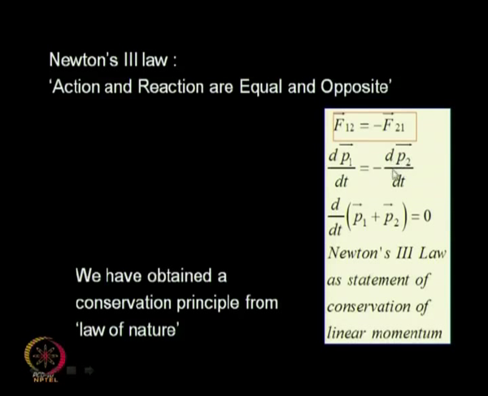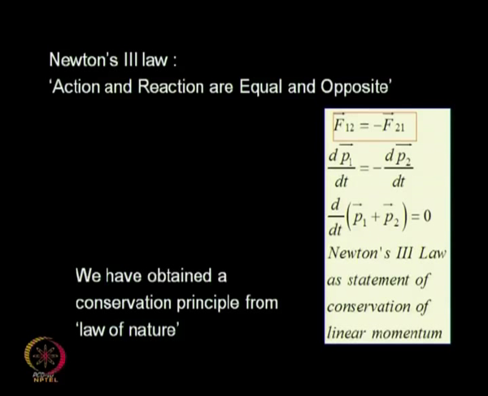Now, if you just bring this term to the left, you get a very simple result, that the time derivative of the total momentum must vanish. Actually, I should have an arrow on the 0 corresponding to the null vector, because the left hand side of this equation is a vector. So, you have the rate of change of the total momentum which must vanish.